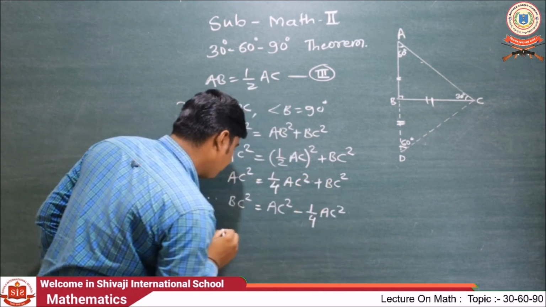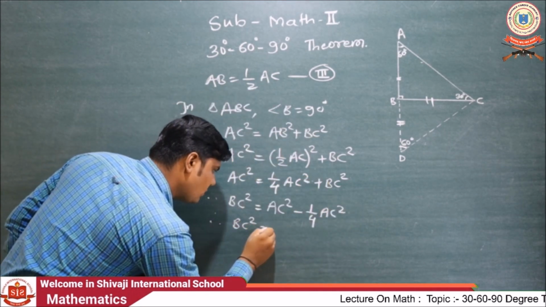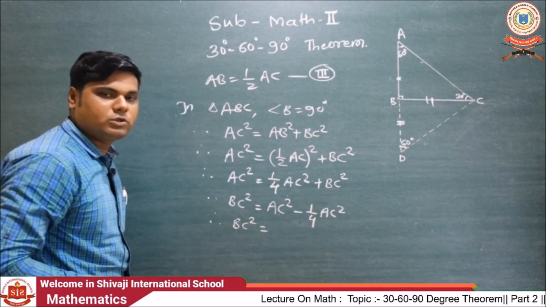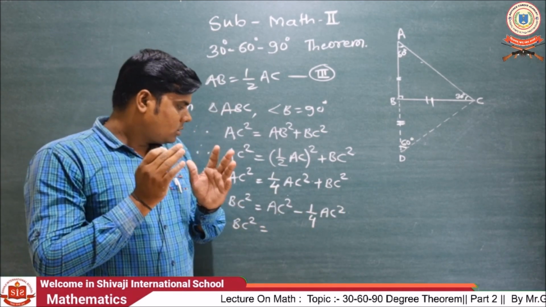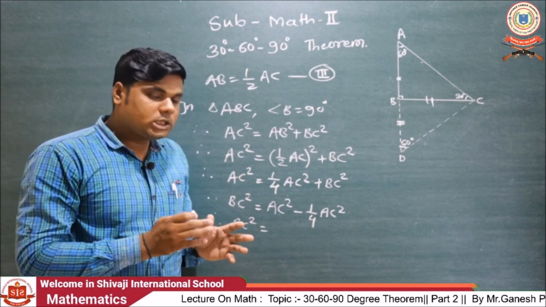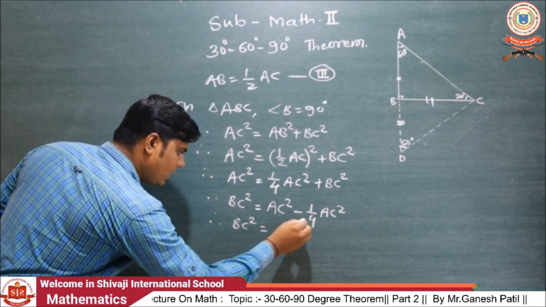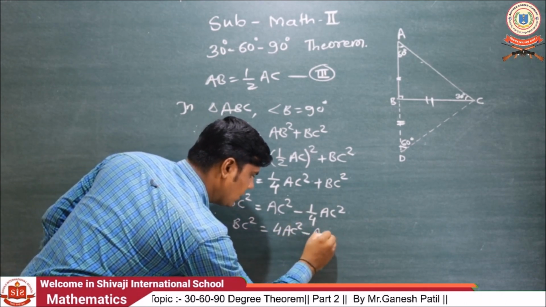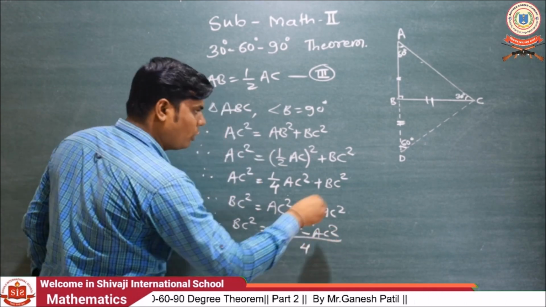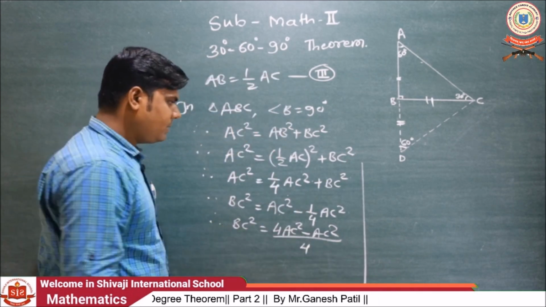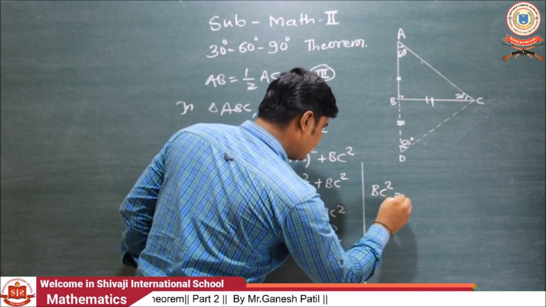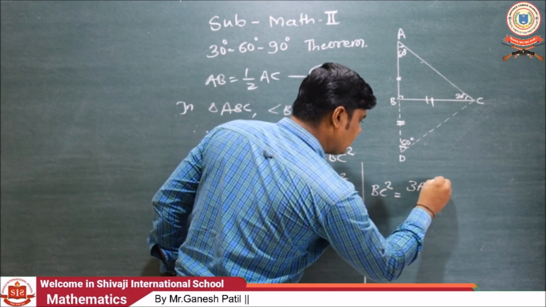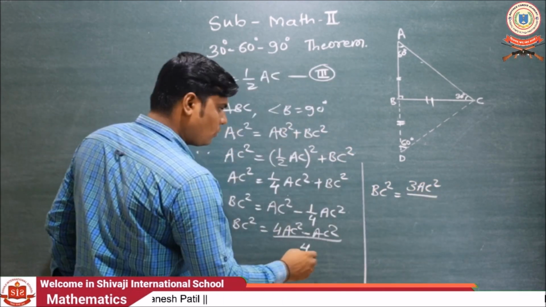And then BC square is equal to AC square minus 1/4 AC square. We just make the denominator the same: 4 AC square minus AC square upon 4. Then BC square is equal to 3 AC square upon 4.